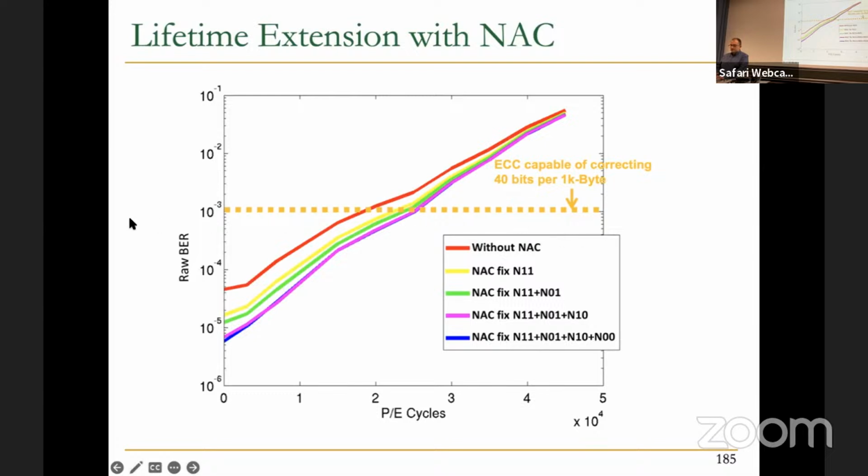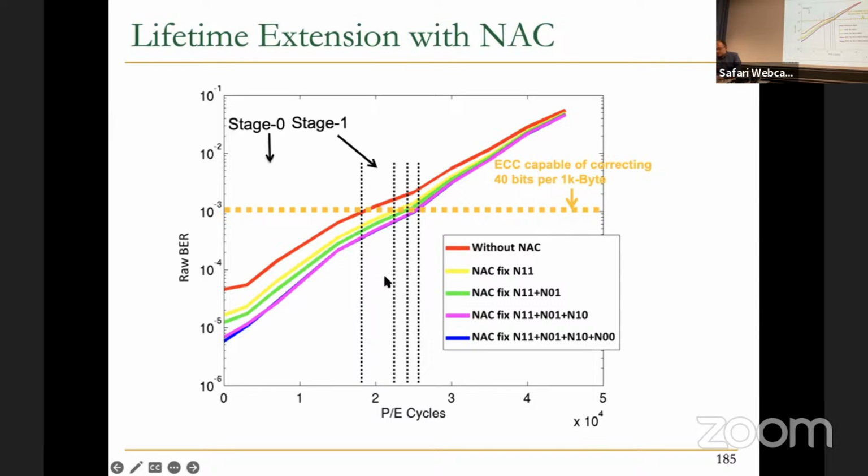So this is like the ECC power that we have. You can see that without NAC, this is the lifetime. So after this, you cannot really correct things. But with NAC, which considers all different values of neighboring cells, like 1, 1, 0, 1, all the patterns, you can extend the lifetime by 39%, essentially.